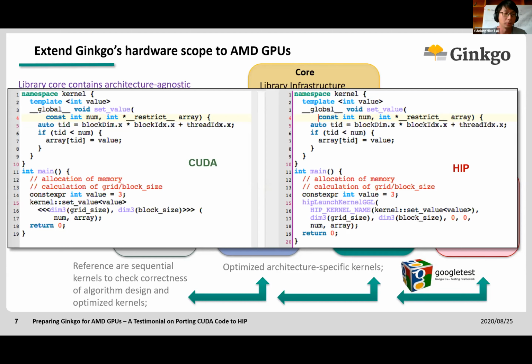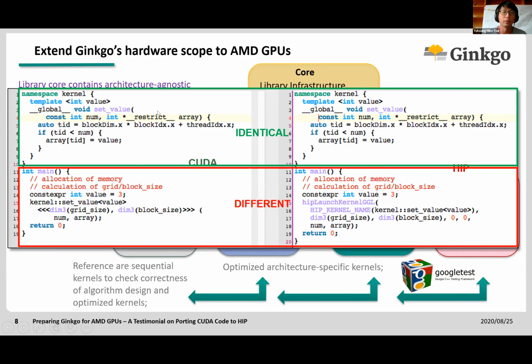So we can see the CUDA and HIP language here. It's just a simple code. We can see the kernel implementation is almost identical in CUDA and HIP, but in the kernel launch, CUDA and HIP use different kernel launch syntax.